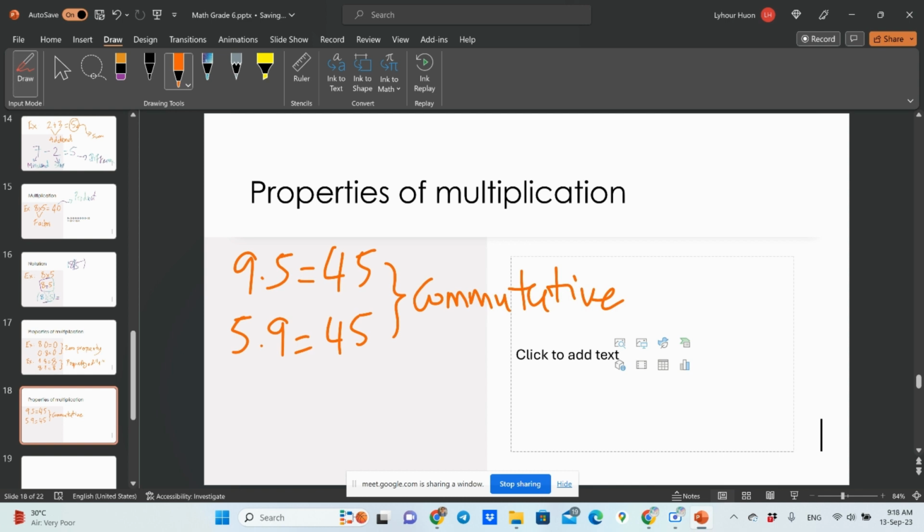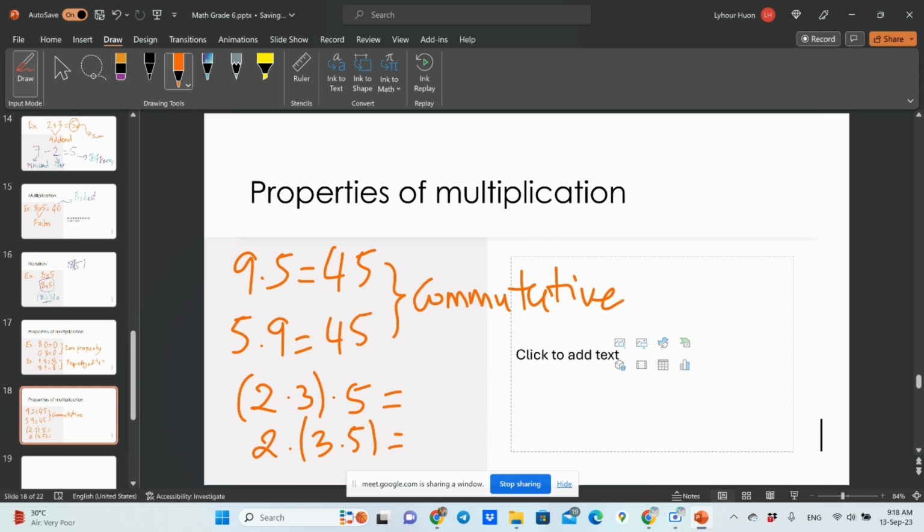And one more thing, similar to addition. 2 times 3 times 5. Will changing the grouping change the result?